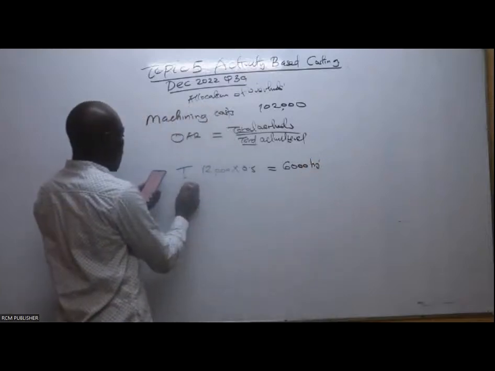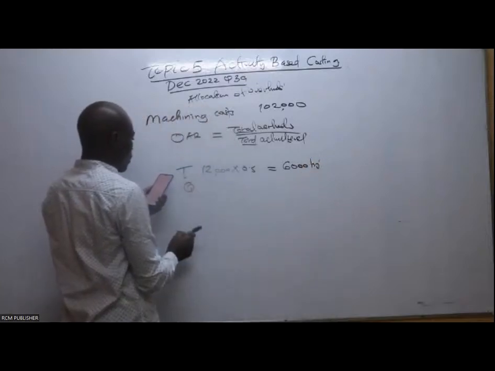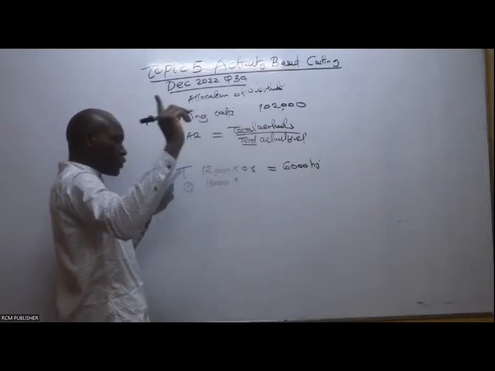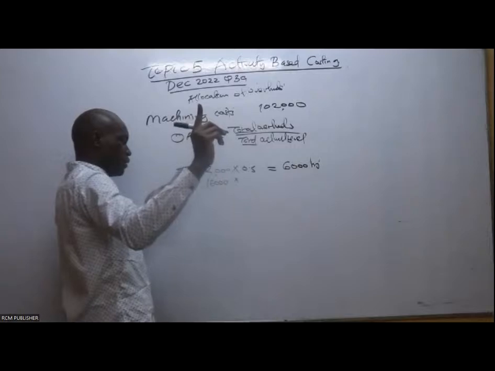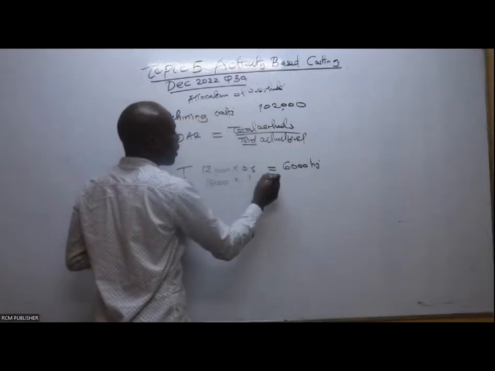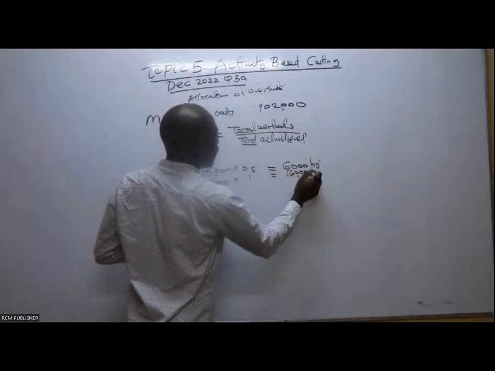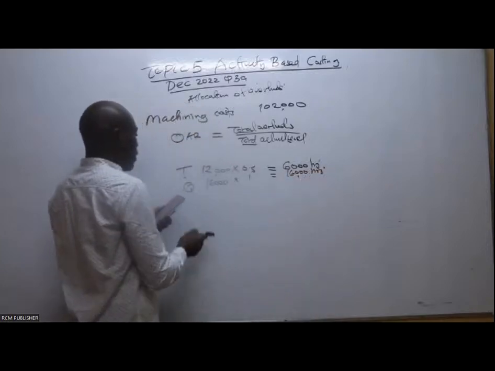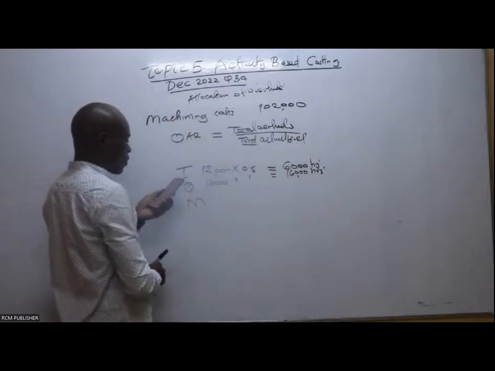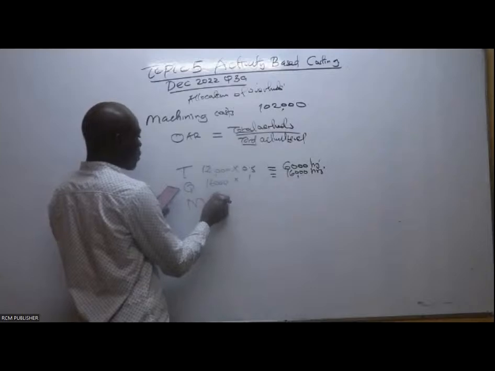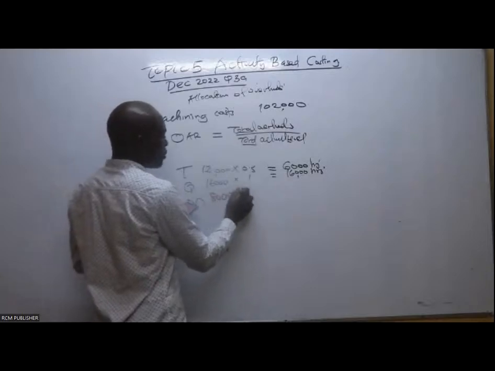What about product Q? We have 16,000 units, times the time taken to produce 1 unit. We are given 1 hour. That's going to be 16,000 hours. Then to produce product M, we have 1.5 hours for how many units? 8,000 times 1.5.